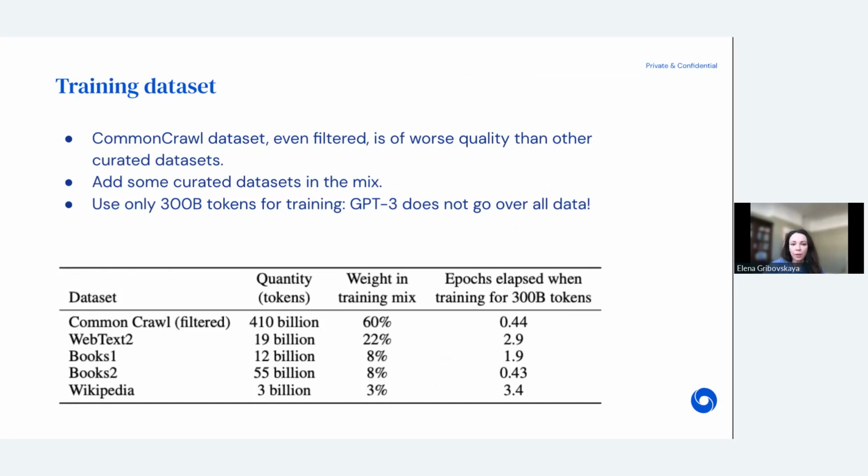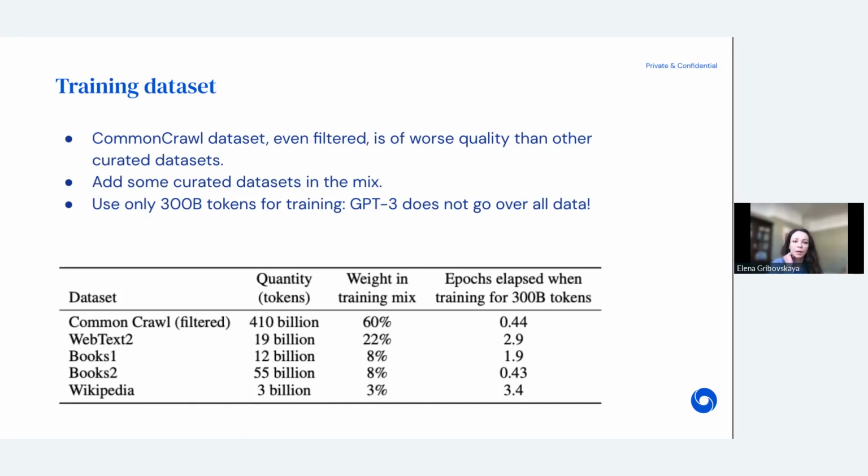When choosing samples for training, higher quality data sets, like Wikipedia for instance, were oversampled in comparison to common crawl. So, for instance, during training, GPT-3 saw 3 epochs of Wikipedia versus just 0.4 epochs of common crawl.